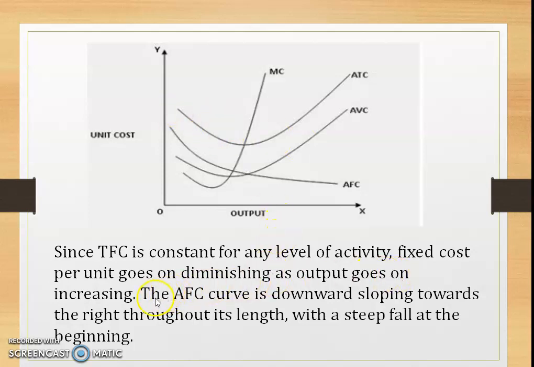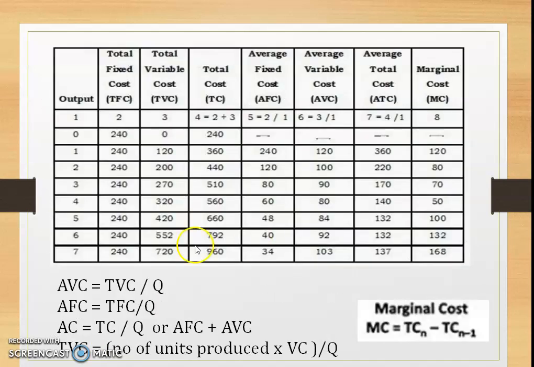So here let's see, the AFC curve is downward sloping from left to right, with a steep fall at the beginning. So look at here, AFC steep fall. If you just look at the table, AFC, look at here, 242, 120, 80, 60. So the steep fall.